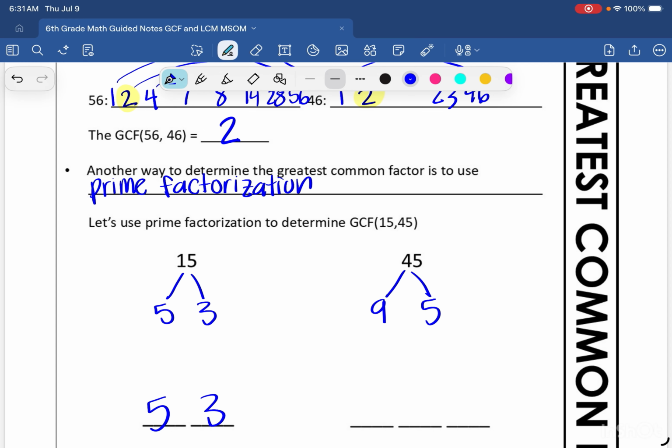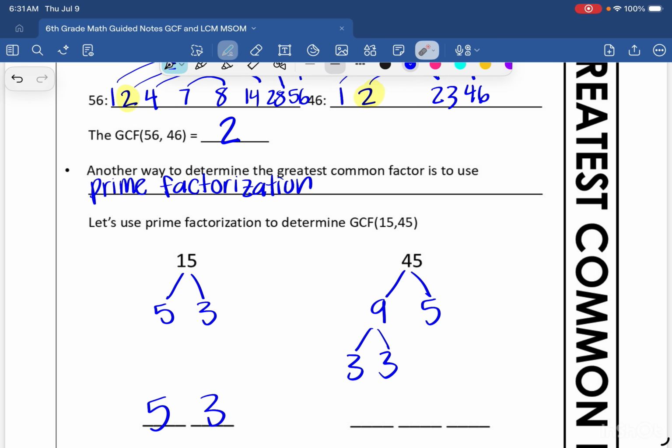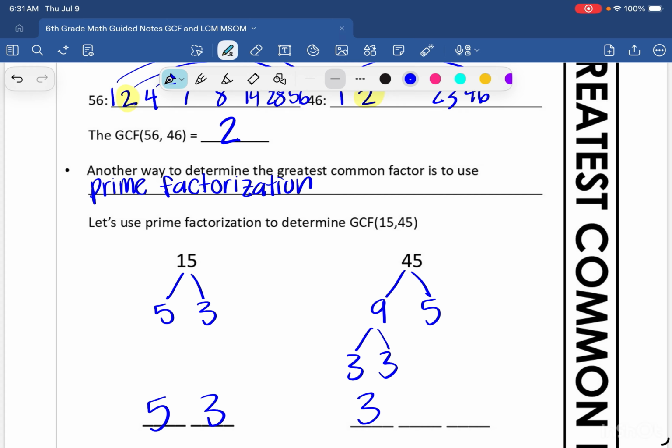Now if you think of different factors, you can use those as well. You're just going to keep breaking down the numbers until everything is prime. So 9 would be 3 and 3, and now we have 3, 3, and 5, and those numbers are all prime. Prime meaning the only factors of those numbers are the number and 1. And then you write the factors down here. So 3, 3, 5.